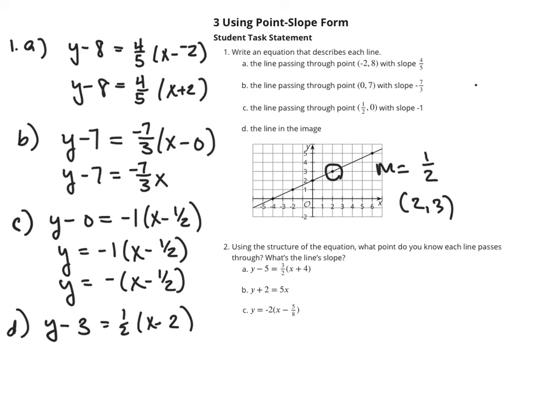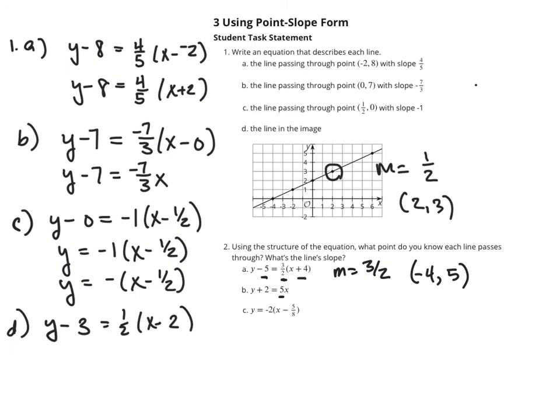The second part says, using the structure of the equation, what point do you know each line passes through? What's the line slope? So I'm just taking this and I'm taking it apart. I have slope. You can pull that right out of the equation. And the point is a positive 5 and a negative 4. The x is negative 4. The y is positive 5, because I'm using that form. Okay.